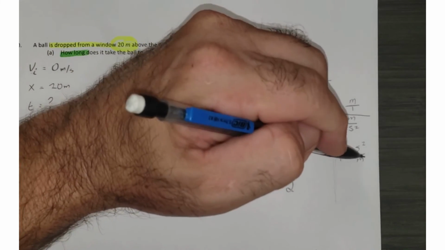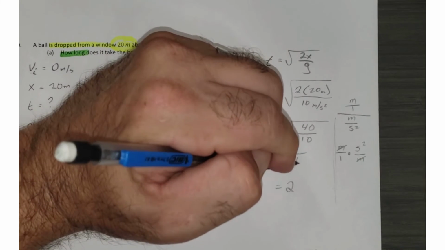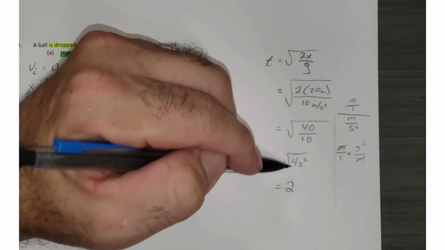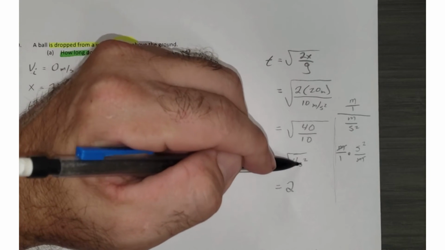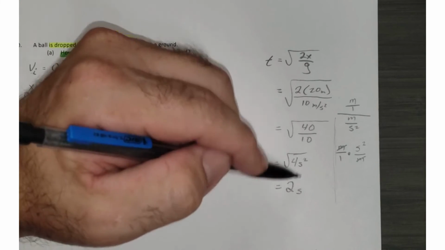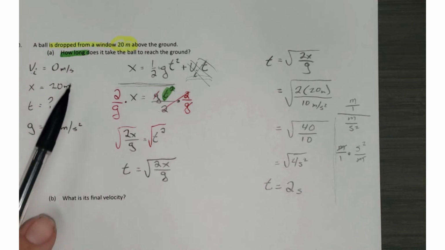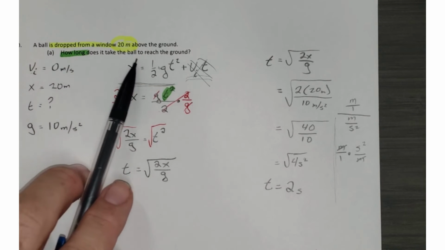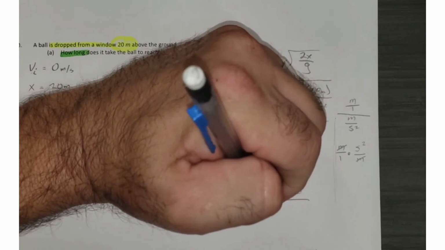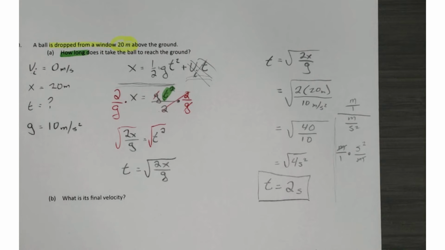That shows that the meters cancel out, and we're left with seconds. So inside the radical, we have seconds squared. The square root of 4 was 2. The square root of s squared is s, which makes sense because the variable we're solving for is time. So it takes 2 seconds for the ball to reach the ground when dropped out of a 20-meter window. Underline that, put it in a box to make sure that it identifies as the answer.